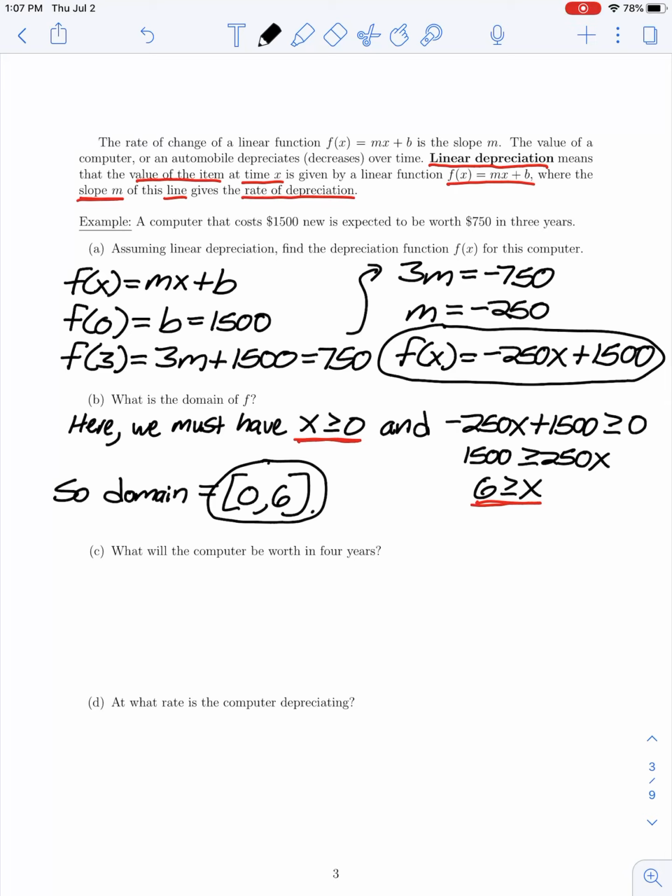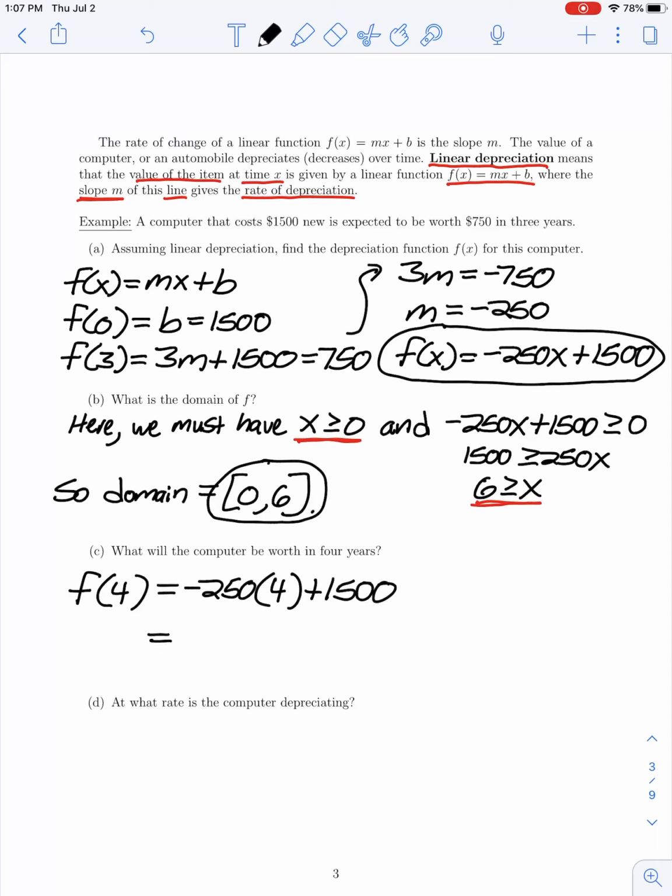All right. So given that, in part C, we are asked what will this computer be worth in 4 years. So to determine its value at time 4, that is after 4 years, we're going to let x be equal to 4 and substitute it into the value function that we found in part A. So we have negative 250 times 4, plus 1500.